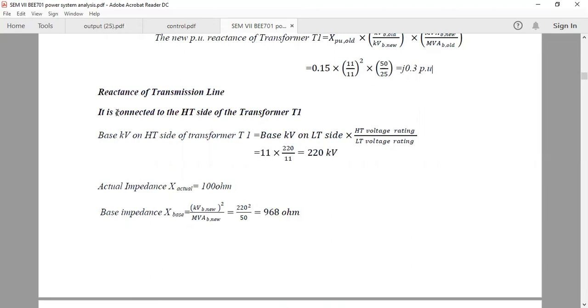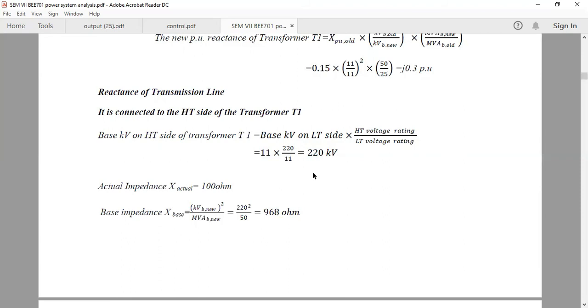Base kV on the HT side of transformer T1 is equal to base kV on the LT side times HT voltage rating divided by LT voltage rating, that is secondary side voltage by primary side voltage. So 11 times 220 by 11 is equal to 220 kV. So on the transmission line we have a base voltage of 220 kV.